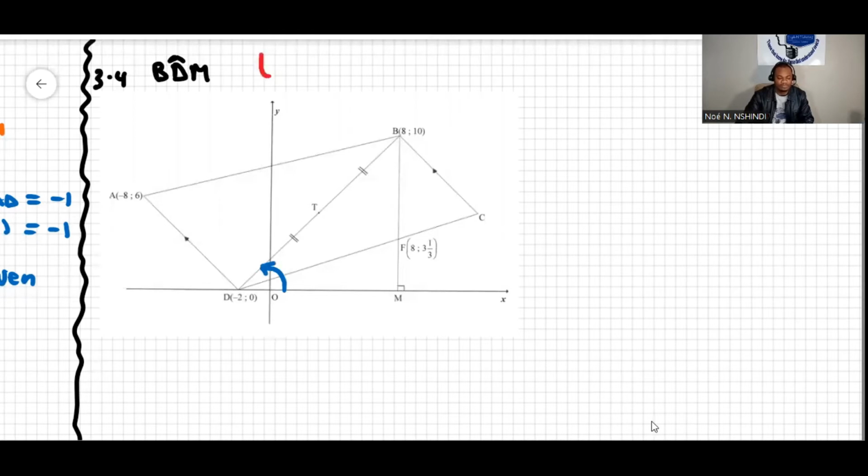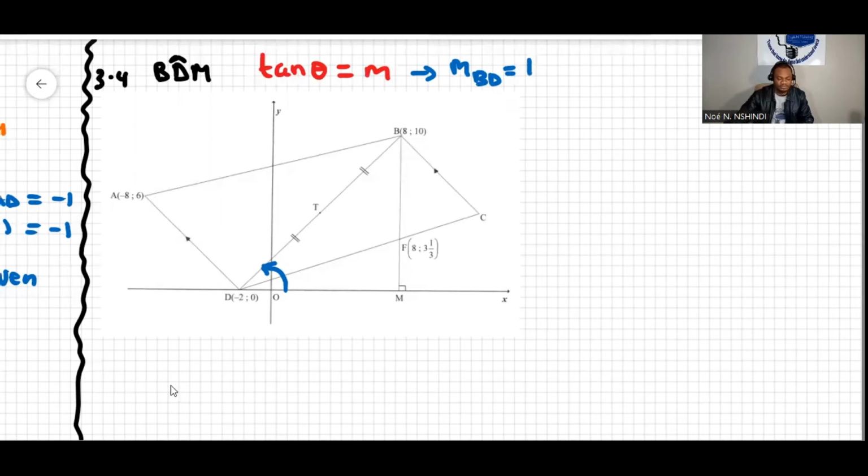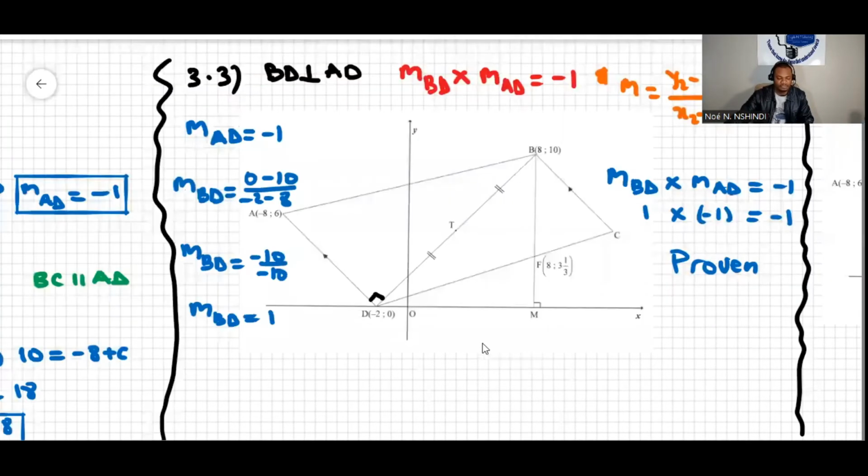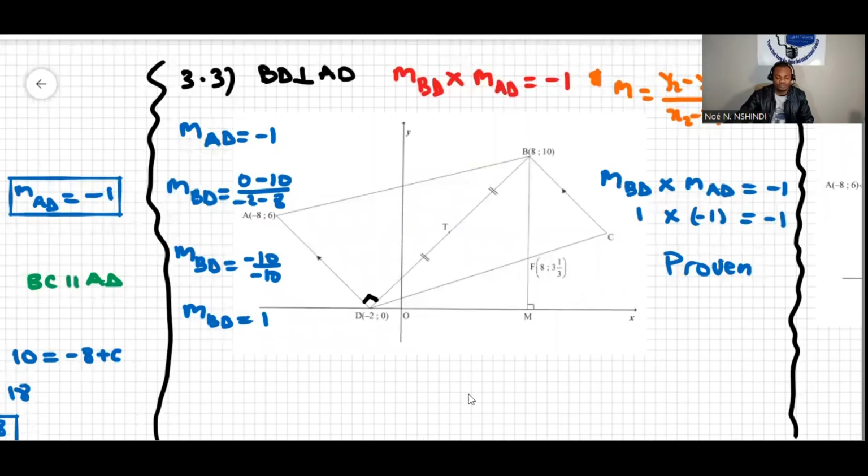The gradient of BD was calculated in the previous question, and we found that the gradient of BD was equal to 1. You can check it over here.